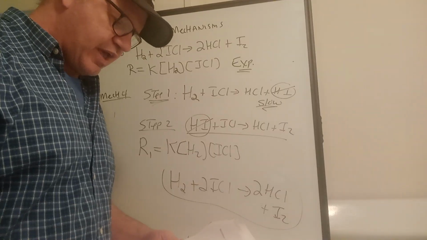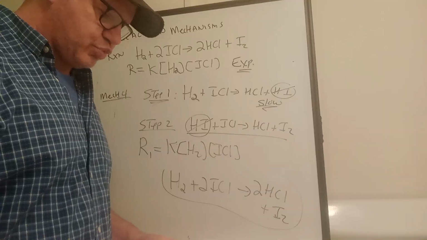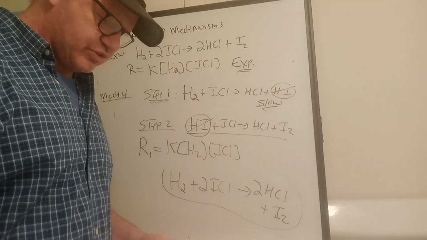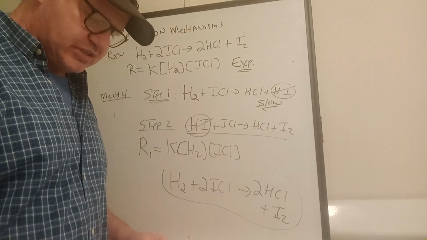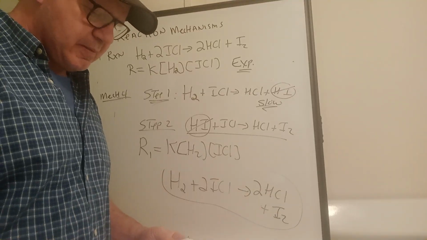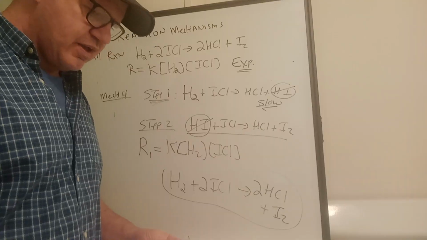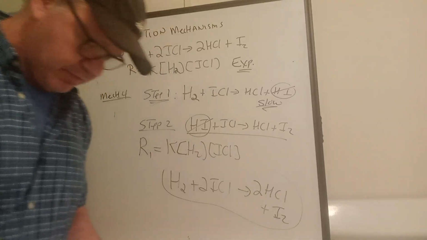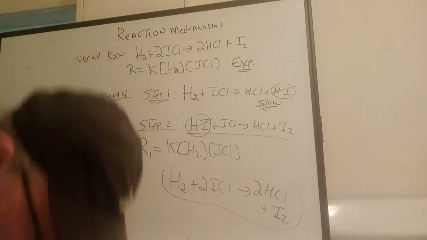There's a more complicated case below this, mechanisms with a fast initial step. It's another series. I am not going to test on that. I put it in here for completeness. It's more complicated. For those of you going on to organic chemistry, look over it.